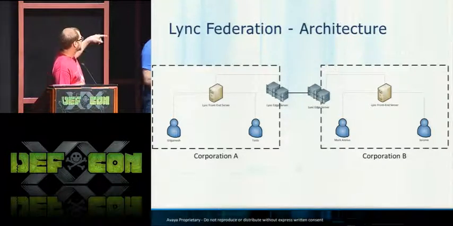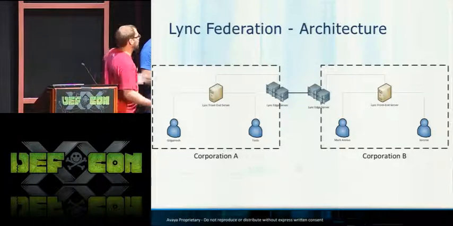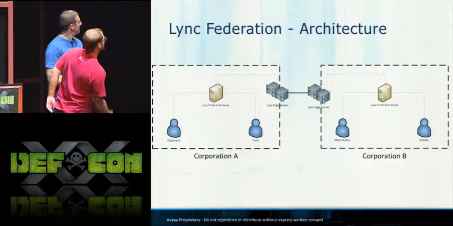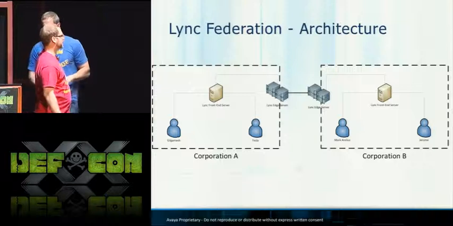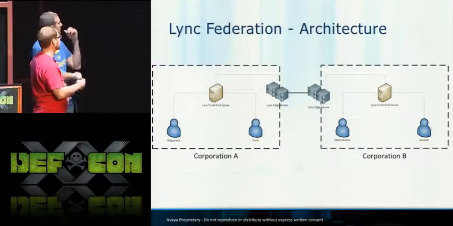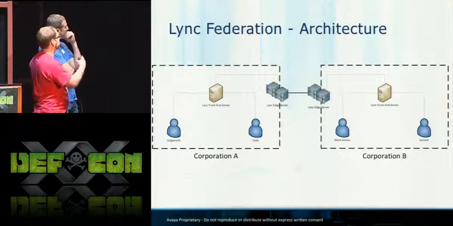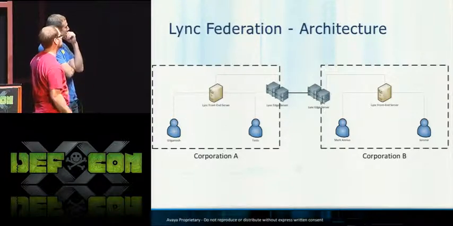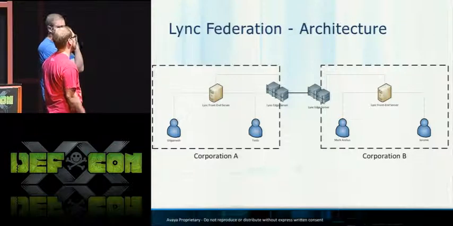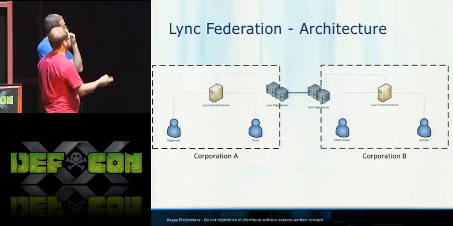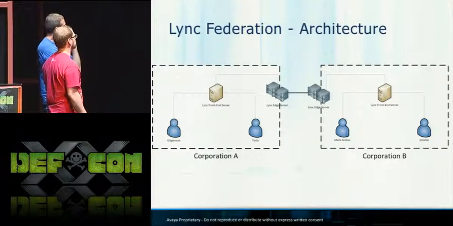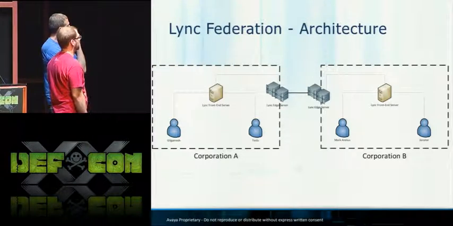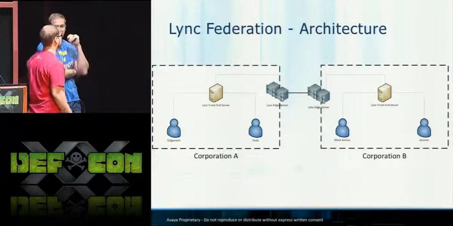So Gilgamesh can call, I didn't write these names, these are kind of ridiculous, Gilgamesh can call Mark Aurelius over at his organization. And just like he said before, he looks up the record and then the IP address for the other Link company comes up, and then they can talk. But what's different is there's a TLS tunnel between the two edge servers, and it's pretty secure. I mean, the way they set it up.